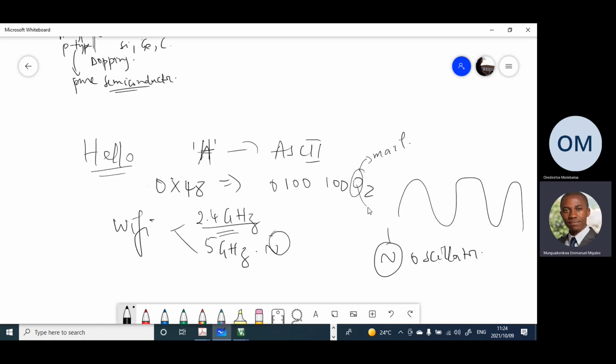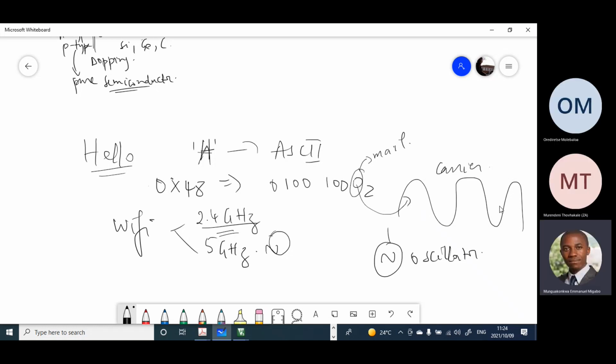So we'll envelope the data into the carrier. This is what we call the carrier signal, for this carrier to carry it over the air. So that process of enveloping the data into the carrier signal is what we call modulation.